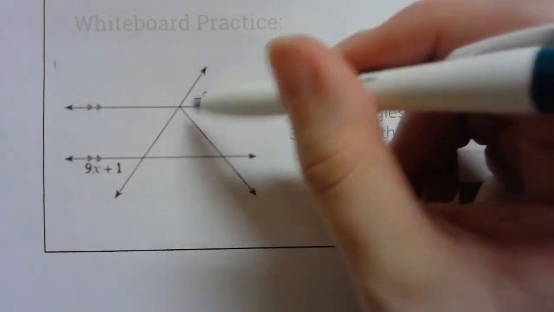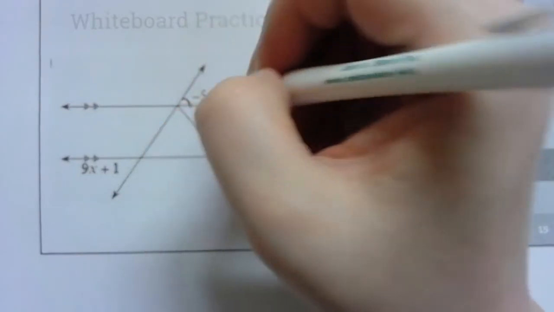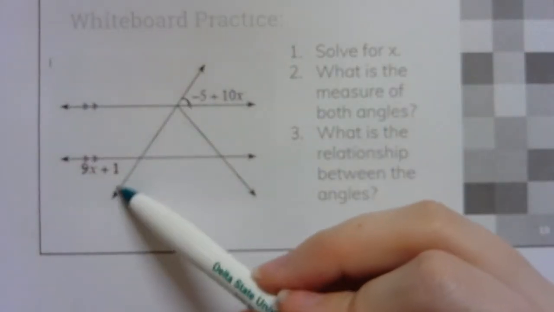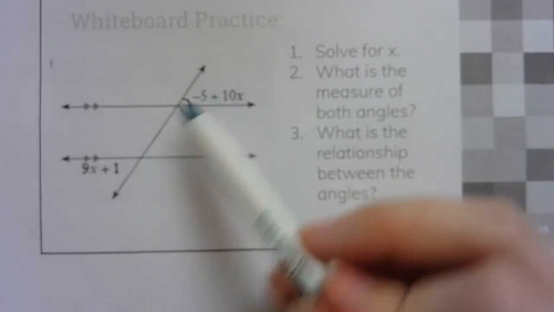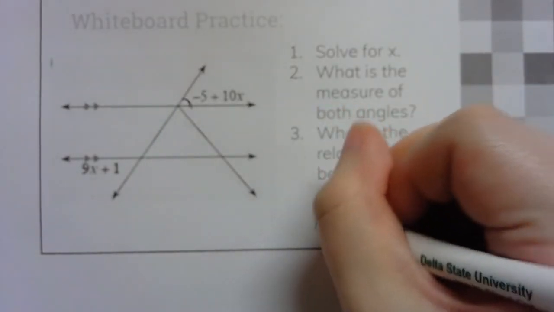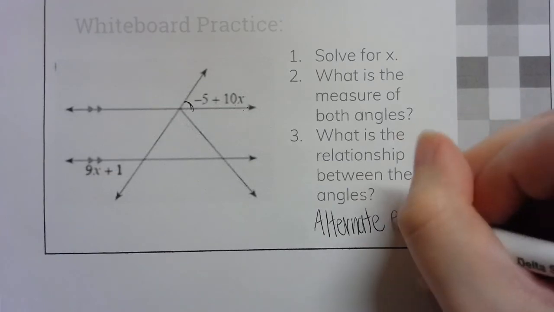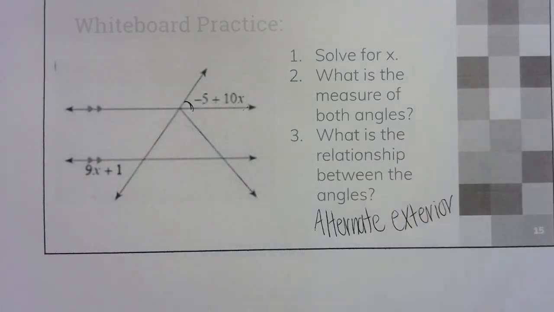It's really just a distractor because this angle is made up by this parallel line and this transversal. This angle is made up by the other parallel line and the transversal. These are alternate exterior angles. Okay, because they're alternate exterior angles, I know that they are congruent.